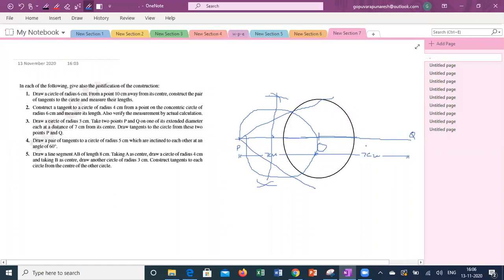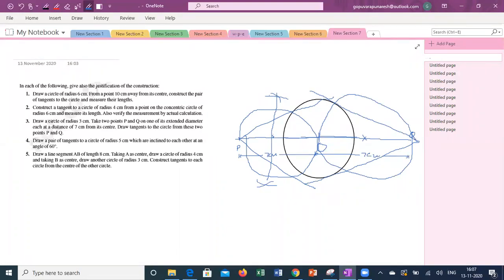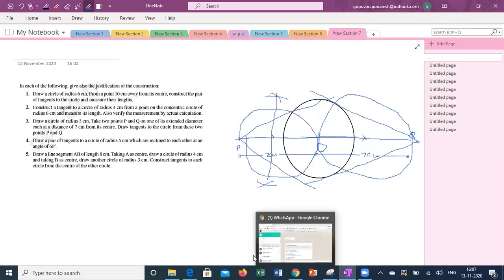Same as OQ also, bisect and draw the circle, and wherever it is meeting, draw the tangents from Q. Is it clear? Guys, is it clear? Will you draw and show it to me? Yes, sir. Try to draw and show it to me, Niranjan, Sandhya, and Hamsini. I want to check. Please draw and share it with me.